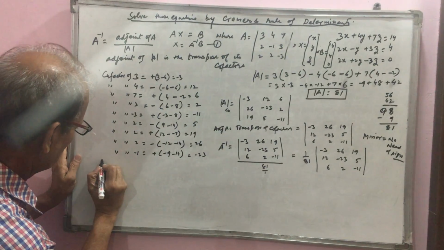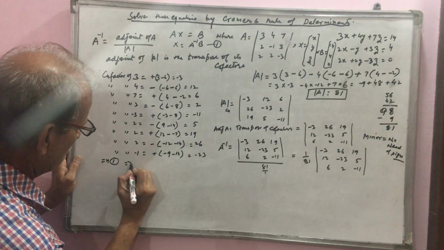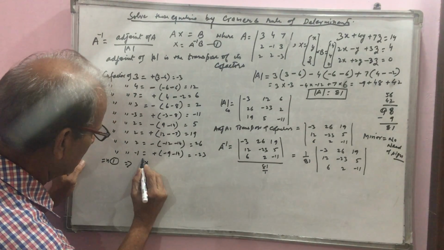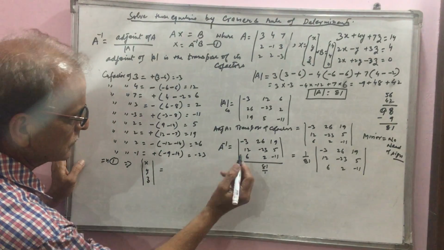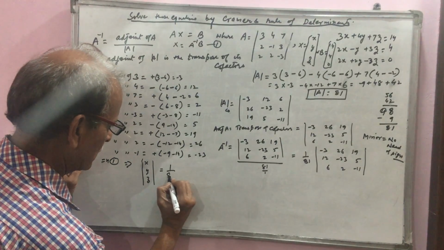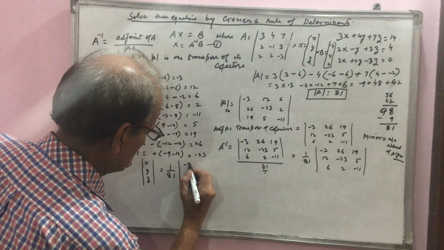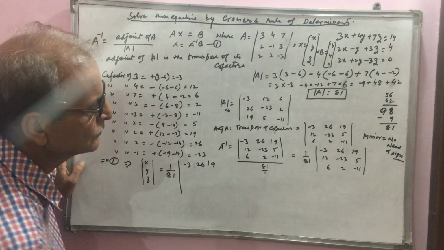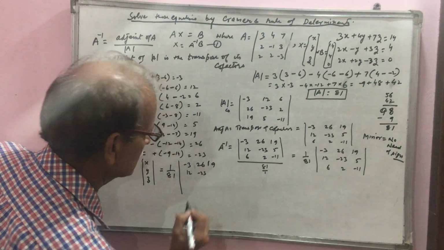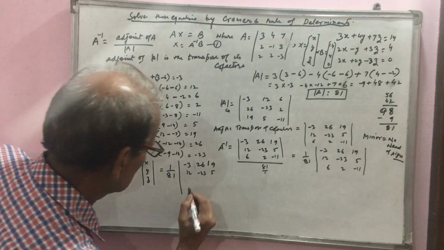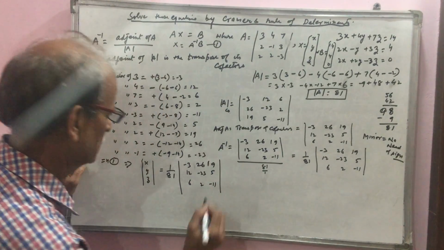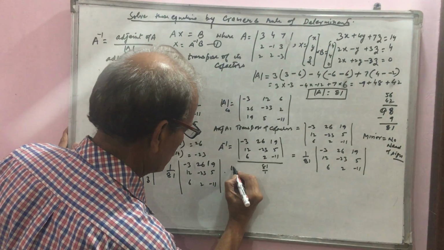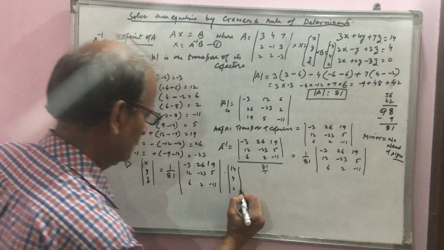So equation 1 will be x, y, z equal to A inverse, which is this 1 over 81 times minus 3, 26, 19, 12, minus 23, 5, 6, 2, minus 11, and b is 14, 4, 0, 0.